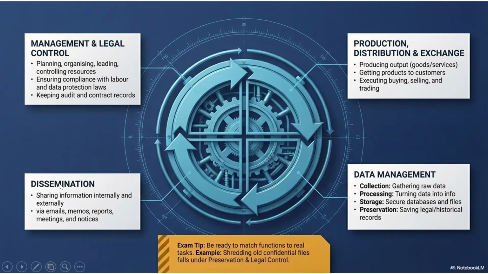Another big thing they do is dissemination. Dissemination just means to send out or to share. So they send out information internally and externally. So they might send it to different employees, or they might send it to external companies or suppliers or government, customers, things like that, right?